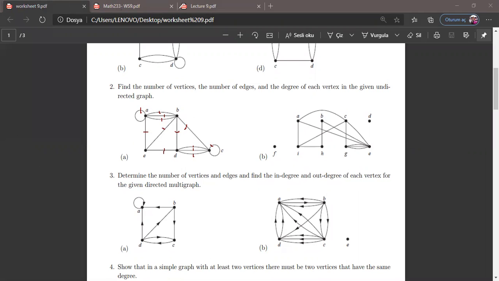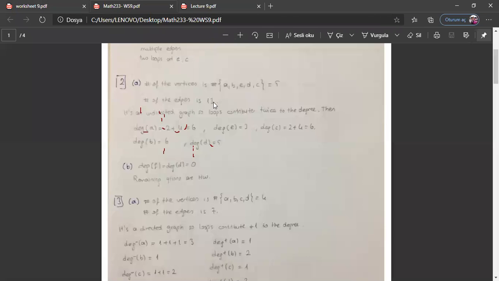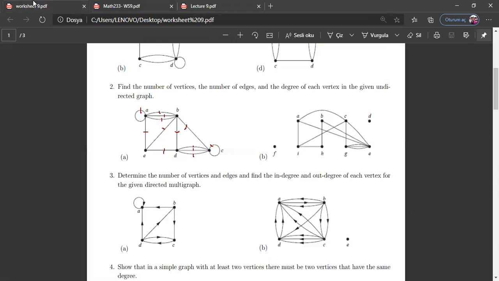So we have 13 edges. Now we need to find the degrees of each vertex.